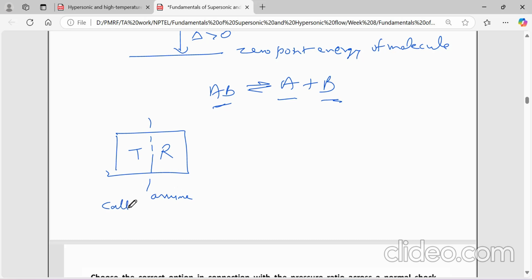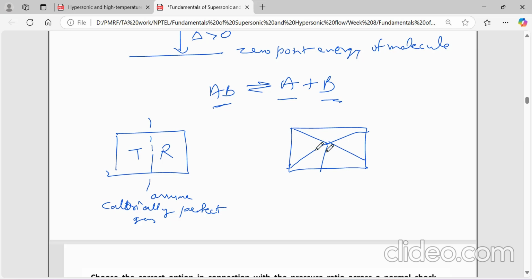This is for the calorically perfect case. And the same amount of energy will be shared among multiple things, like translational, rotational, vibrational, electronic energy, or zero point energy.